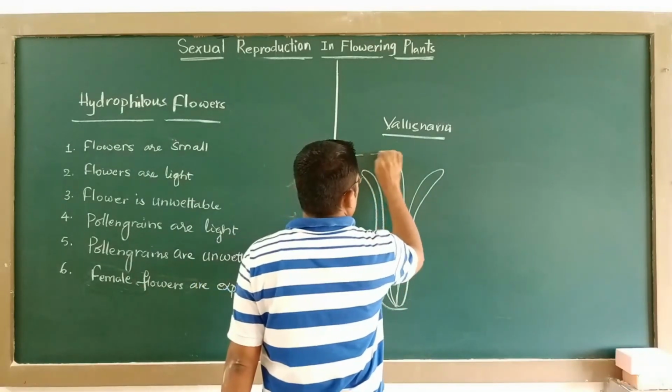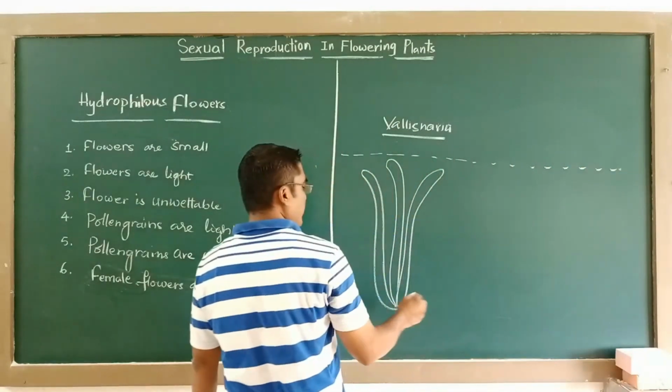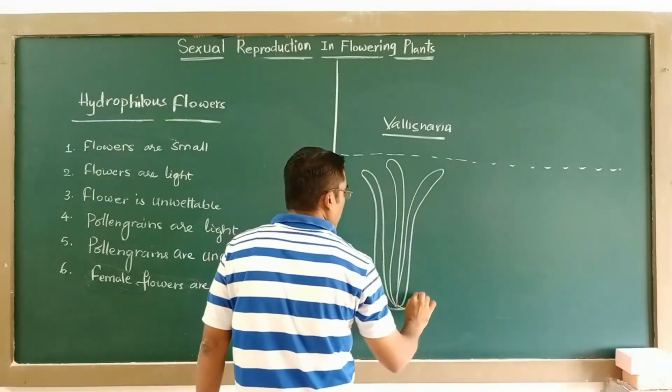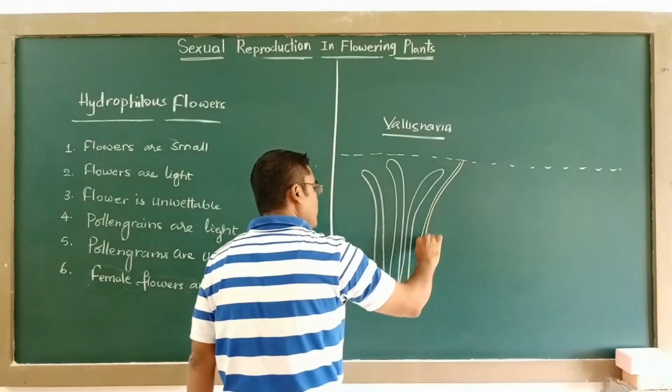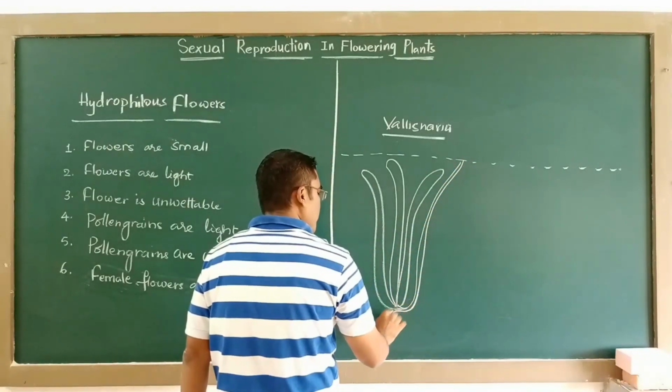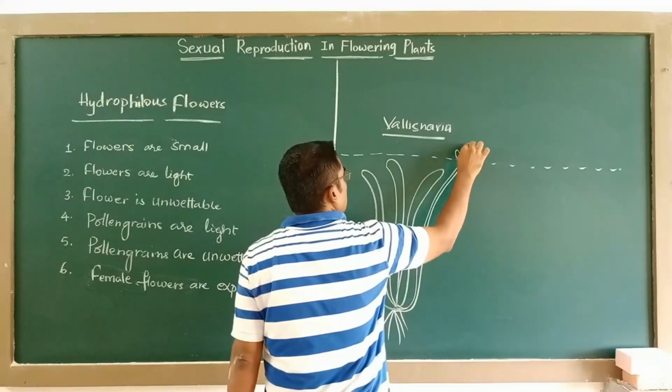Say this is the surface of the water body. Here, female flowers possess a bigger stalk.